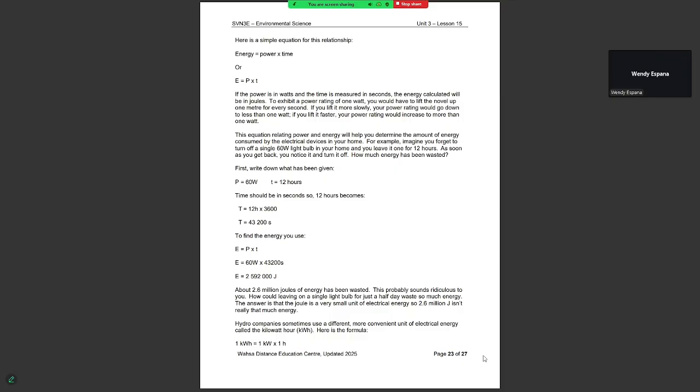However, like we just talked about, a joule is a very small unit of energy. You can imagine, a light bulb burning for half a day uses that much. Can you imagine trying to calculate your bill from the electric company? Because we do a lot more than that, right?